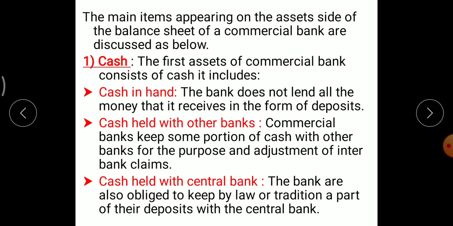So cash is the most perfectly liquid asset held by the commercial bank to perform day to day transactions. It is the first line of defense in facing withdrawals of depositors, but it is also a non-income earning asset.